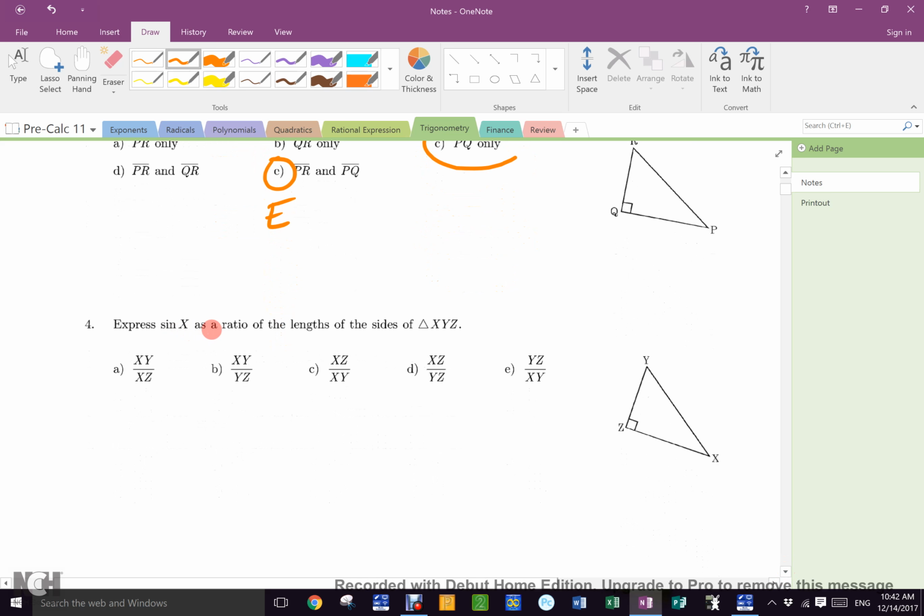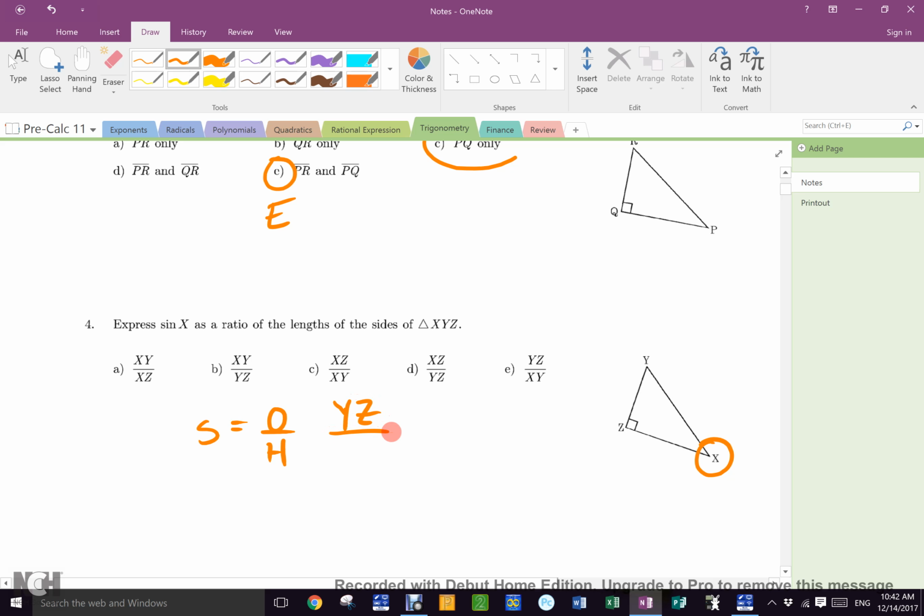Express sine of x, there's x, as a ratio of the lengths of the sides x, y, z. So what makes sine? Sine equals opposite over hypotenuse. So what is opposite to x? YZ.